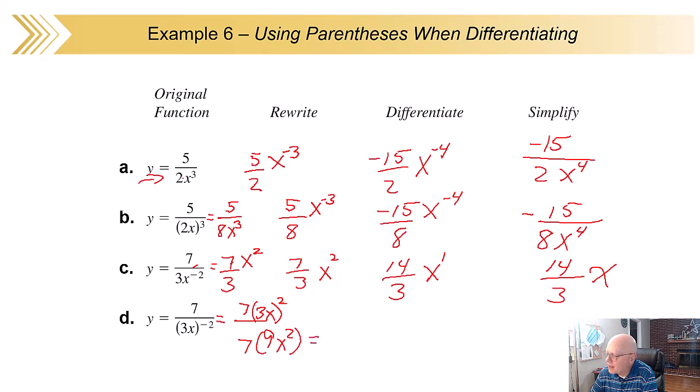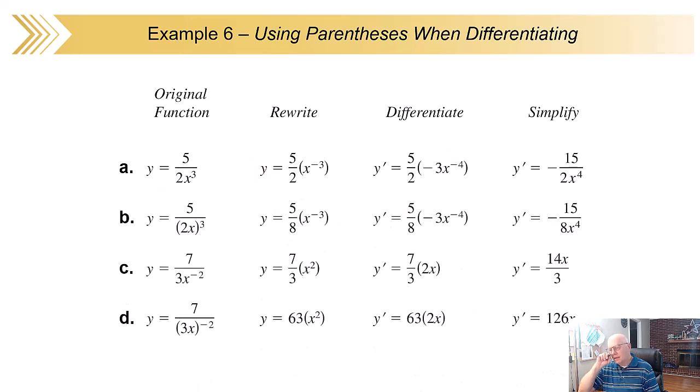Final rewrite on that is 63x squared. Now we're ready to differentiate. Bring that 2 out front, 126. And what's the power of 2? 2 minus 1 is 1. Simplify, 126x is your answer. All right. So those are your answers in a summary form.